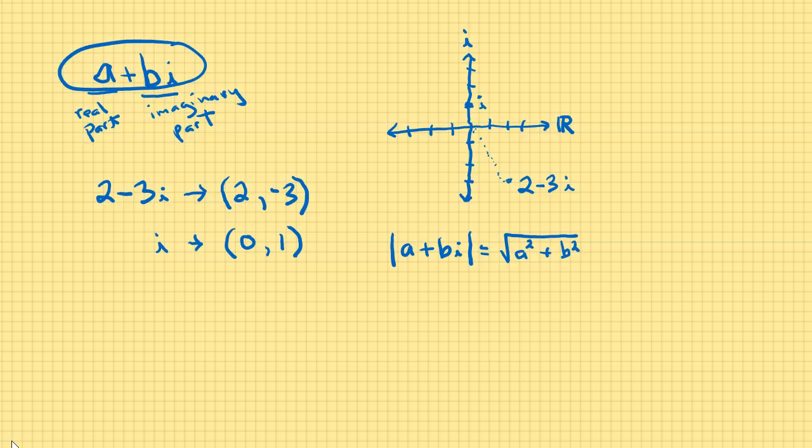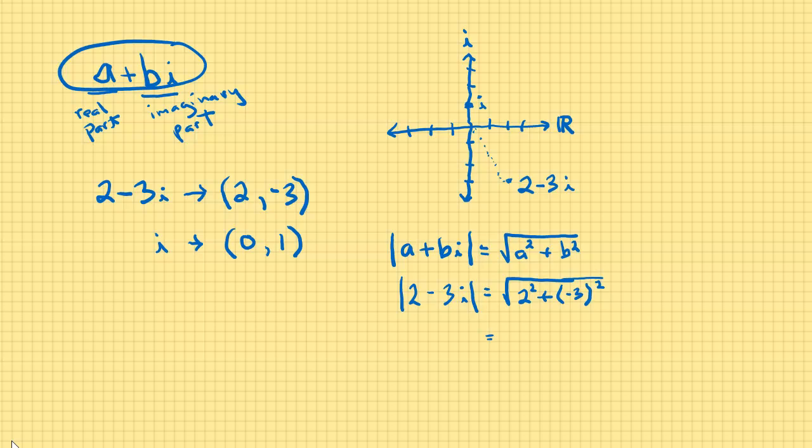So let's find the magnitude of 2 minus 3i. In other words, how far is the point 2 minus 3i from the origin? Well, that's going to be the square root of 2 squared plus, and we have to square negative 3, so we're going to put parentheses around it, negative 3 squared.